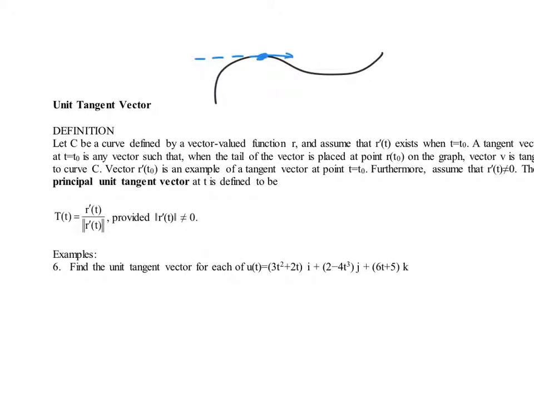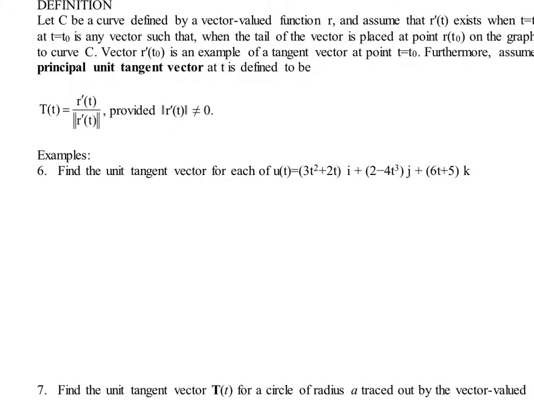So how do we do it? We start by taking the derivative, r prime of t, u prime of t, because for whatever reason I opted to redefine as u in this case.